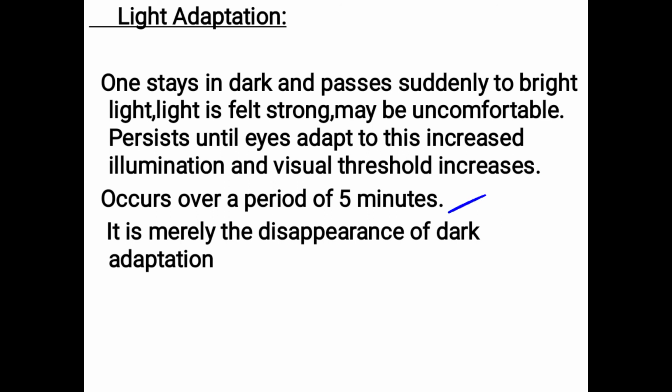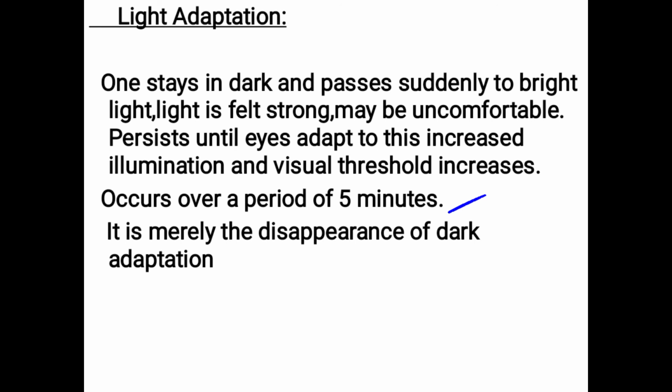After the disappearance of dark adaptation. Understood? So dark adaptation and light adaptation. In dark adaptation, going from a bright light area to a dim light area, the visual threshold decreases and there is synthesis of rhodopsin.